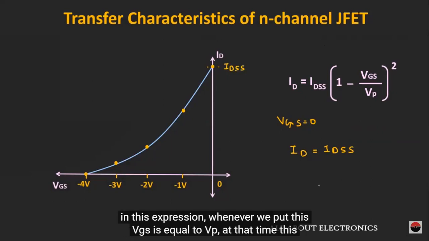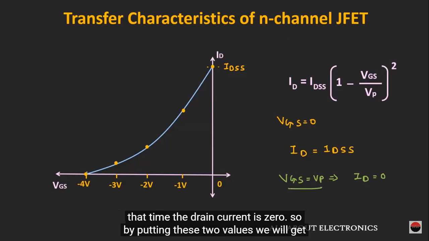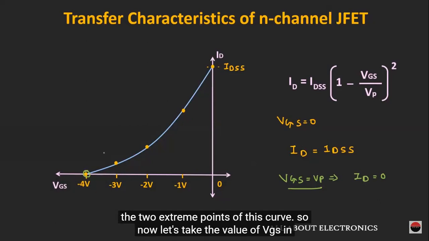Similarly, in this expression, whenever we put VGS equal to VP, at that time this drain current ID will be equal to 0. So whenever VGS is equal to VP, the drain current is 0. So by putting these two values, we will get two extreme points of this curve.